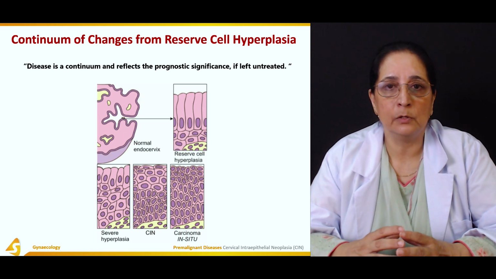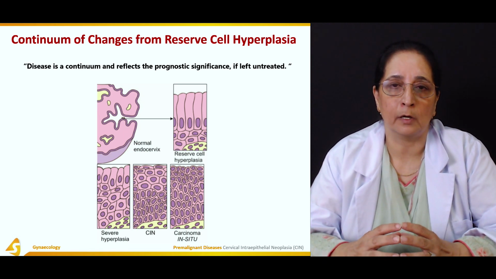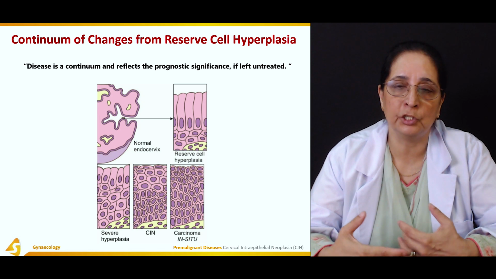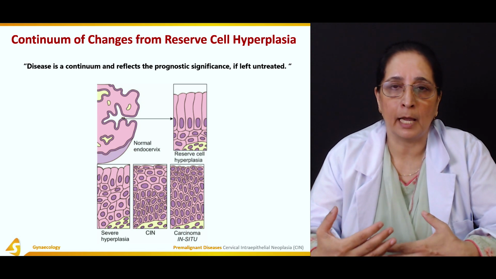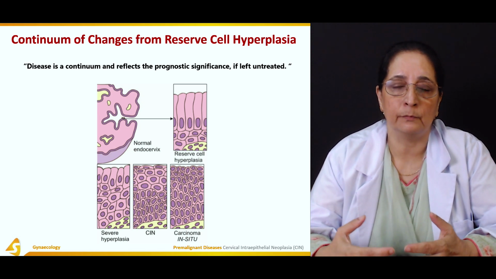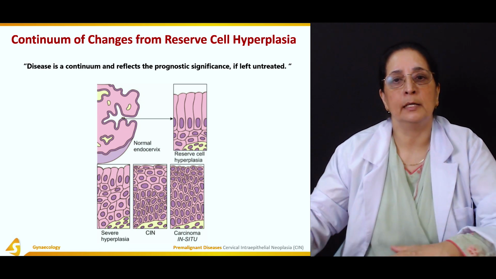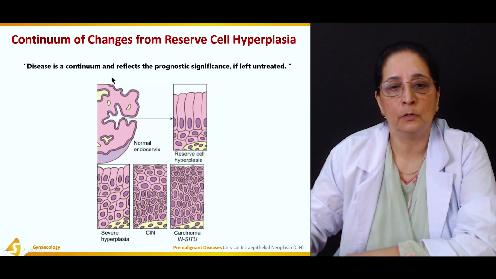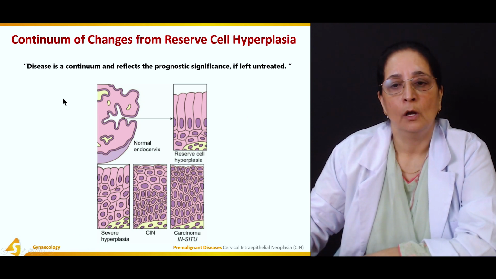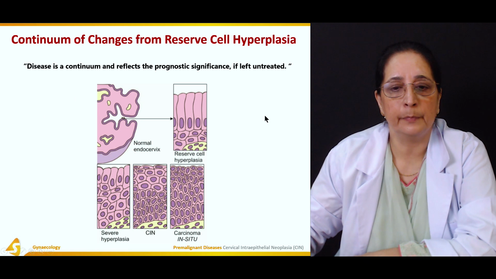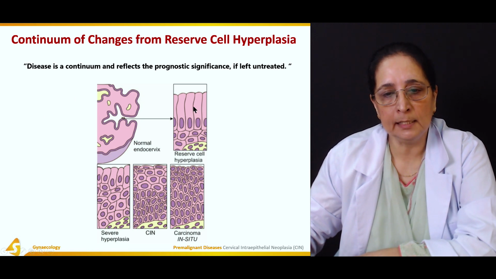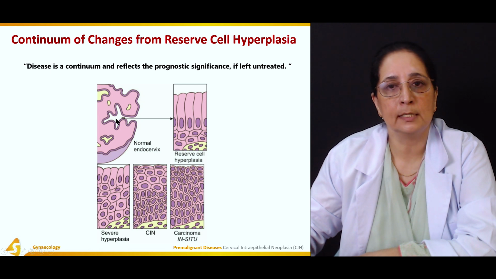So early diagnosis is very important because it's the continuation of hyperplasia of the cells. Once the cells keep on growing more and more, it can lead to the cancer. So it's the continuation of reserve cell hyperplasia. In this again, you see this is the normal endocervix.